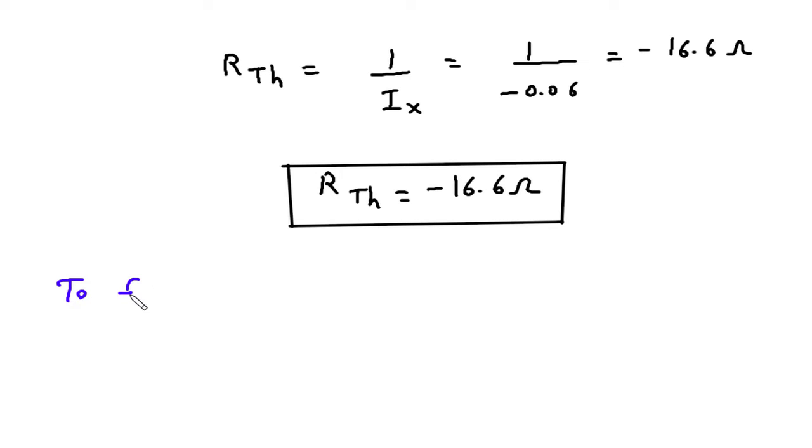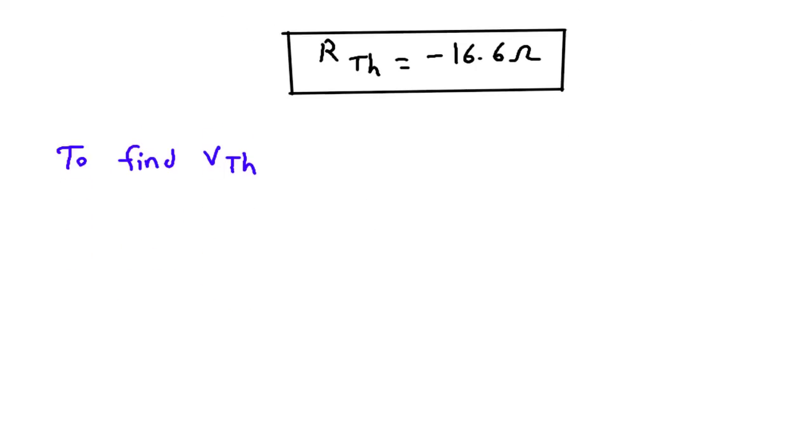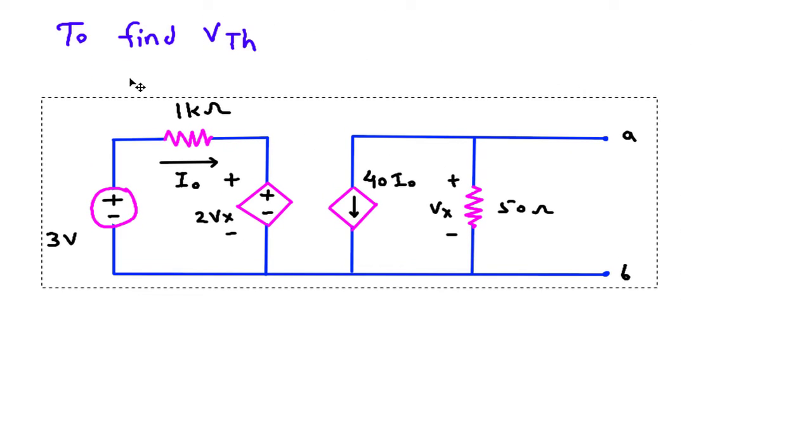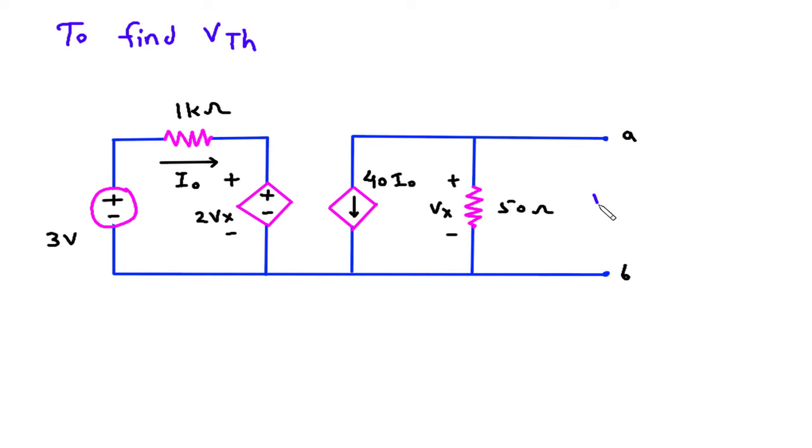To find VTh, this will be VTh, positive here and negative here. As we can see, VTh is equal to Vx.